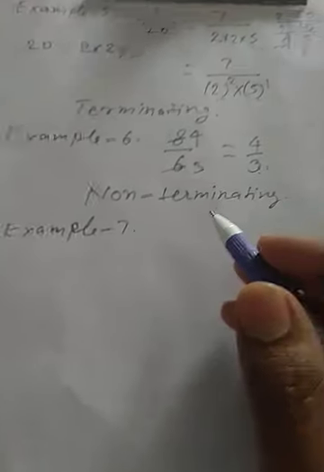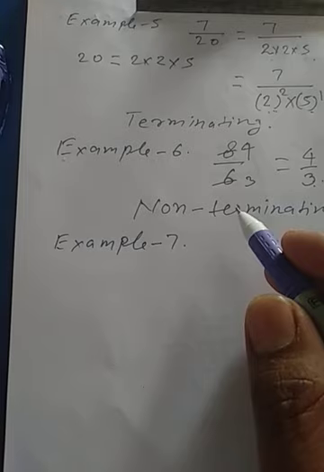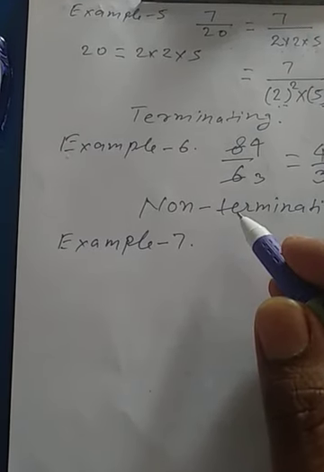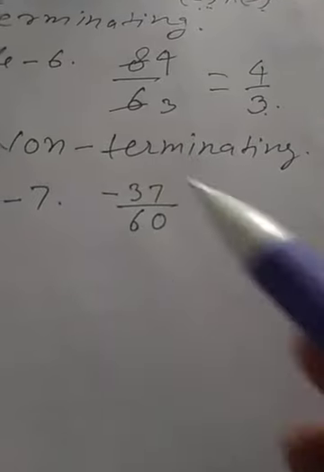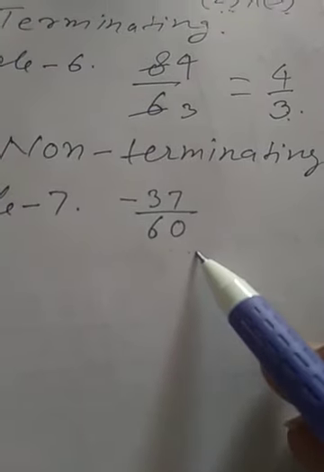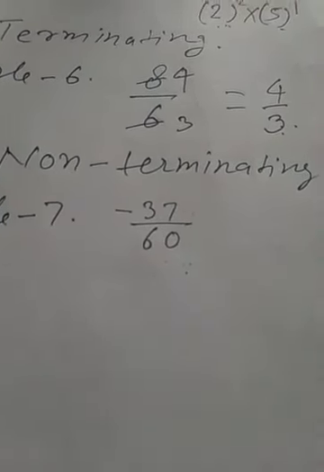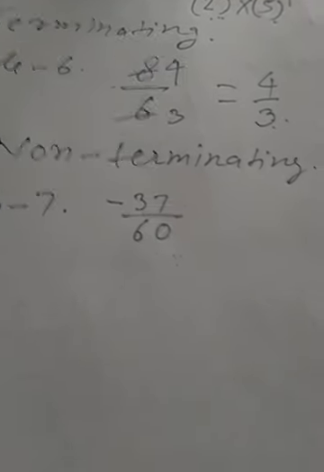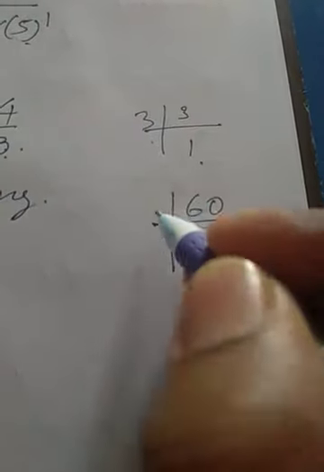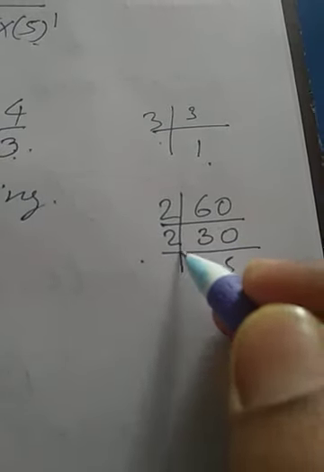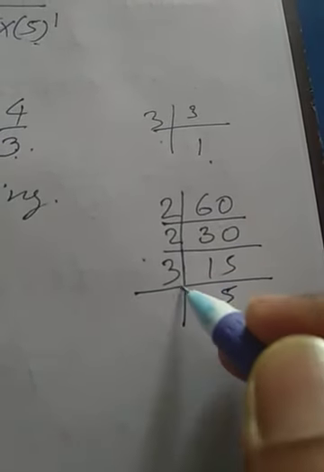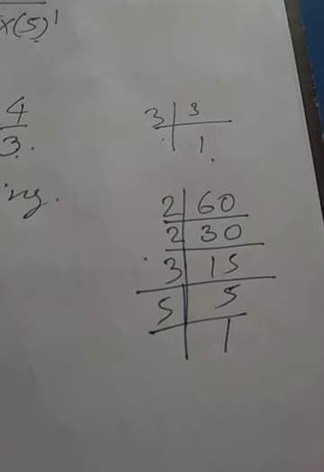Example 7. I am taking here minus 37 by 60. In this number, you can see there is nothing to reduce. It means it is in lowest form. Now, I am going to find out the prime factorization of 60. 2 into 30, 2 into 15, 3 into 5, 5 into 1.